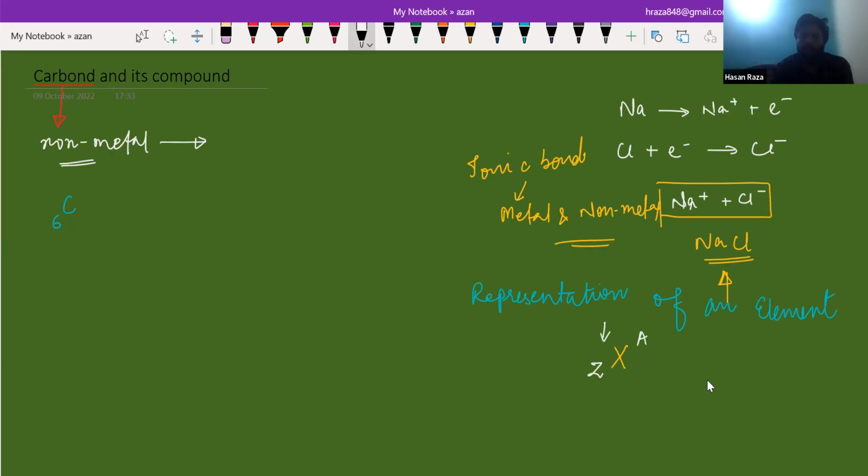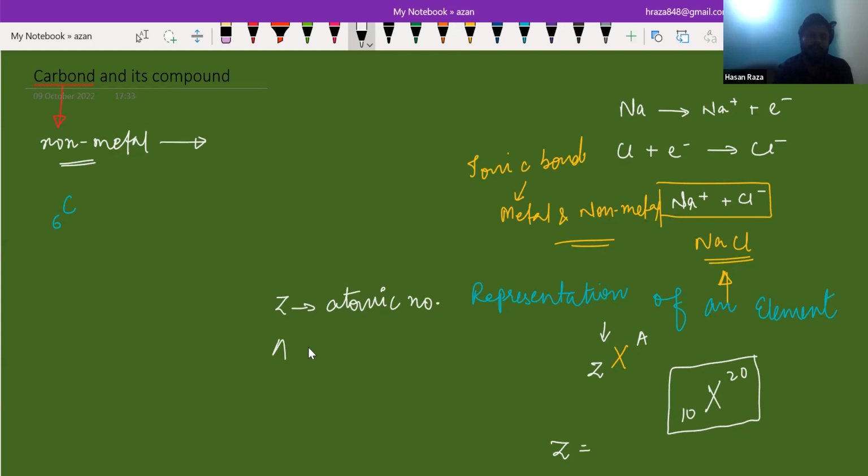Suppose I'm taking x and writing 10 here and 20 here, and I ask, can you tell me the atomic number of this element? Z, you should know. We denote atomic number with Z, and A is basically mass number. You have studied about this.